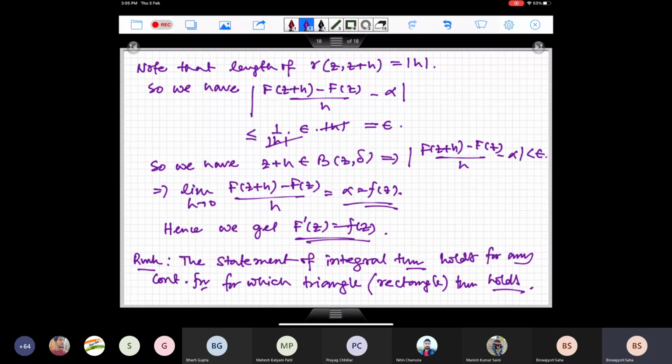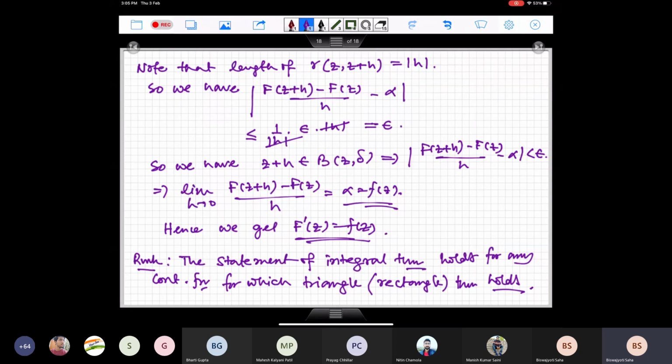That means a function which is continuous and satisfies the triangle theorem or rectangle theorem is going to have a primitive. That is the key thing.